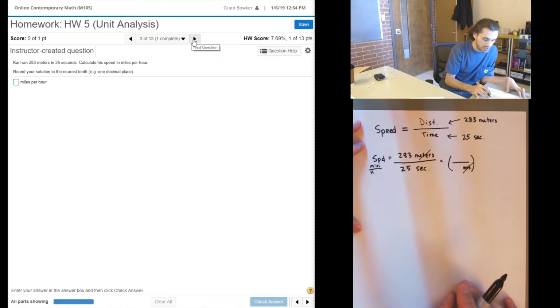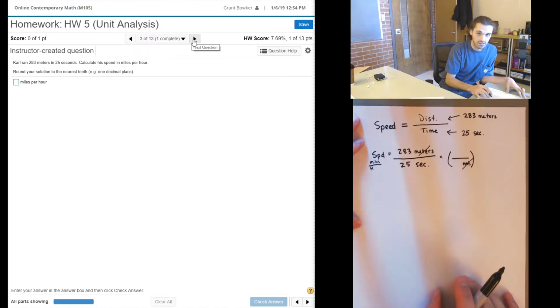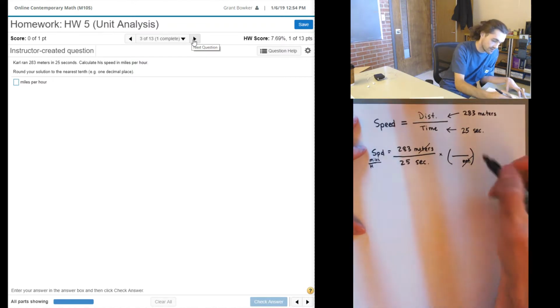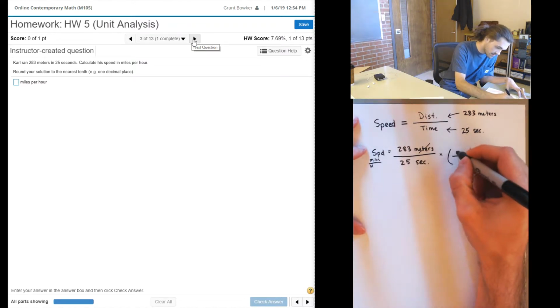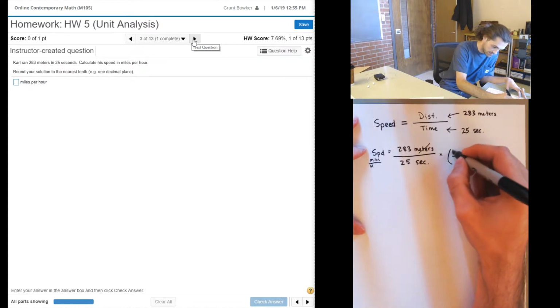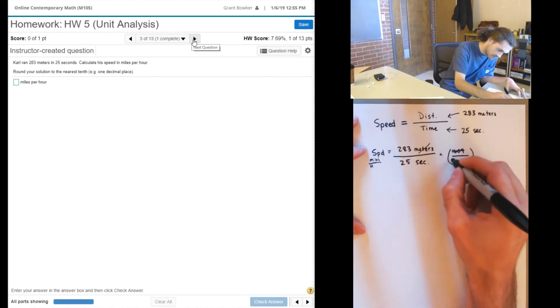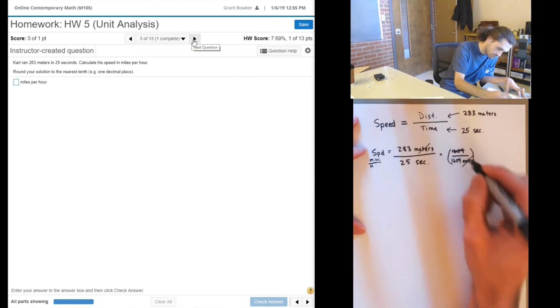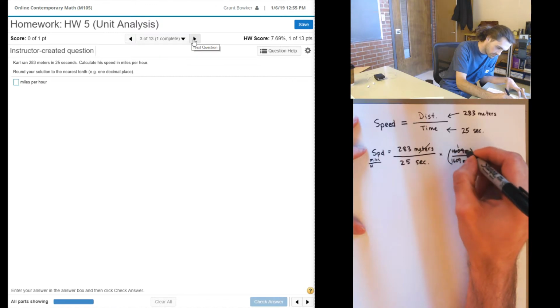Now, what do we know about a meter? Well, probably not much. It is a metric unit. However, keep in mind, we do know a relationship between meters and miles, which is convenient, and there's 1609, oh, sorry, I messed that up, 1609 meters for every 1 mile.